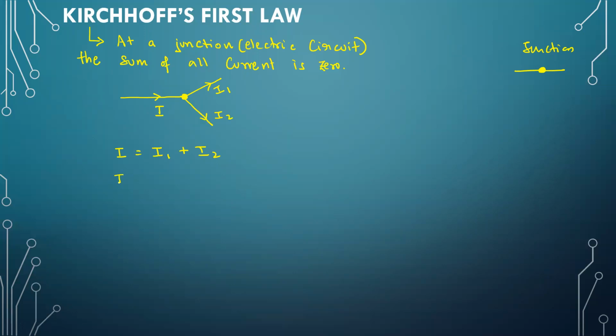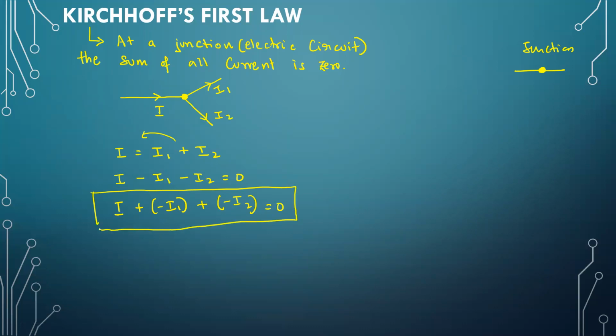And what I can do is I can shift both of them this side. In that case, they are going to become something like this: I minus I1 minus I2 equal to 0. But I can also modify this plus, and I can put the minus I1 inside a bracket. I can put plus again, because mathematically it won't make any difference, right? We all know that. So technically, if you see here, it is nothing but the sum of all current, and that's equal to 0.